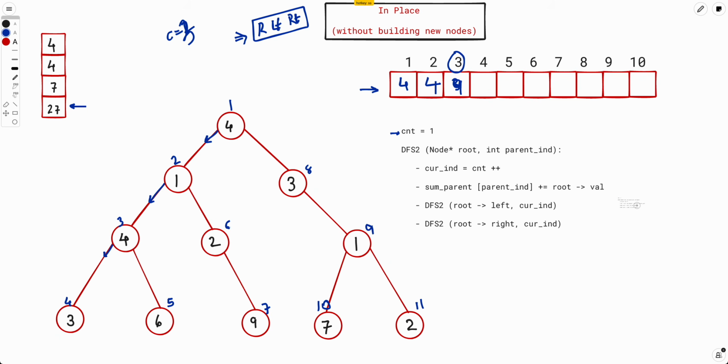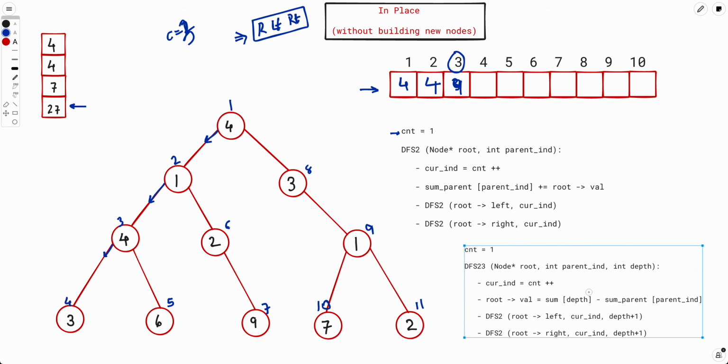Now after that, finding the value of each of these nodes would be simple. You can again start with a DFS with the same trick. You will initialize CNT with 1, and this time we will also maintain the depth, because you need to figure out the sum at a particular depth, right?